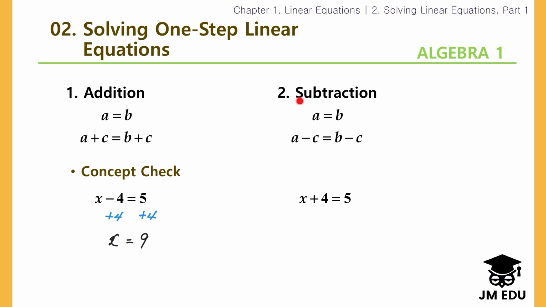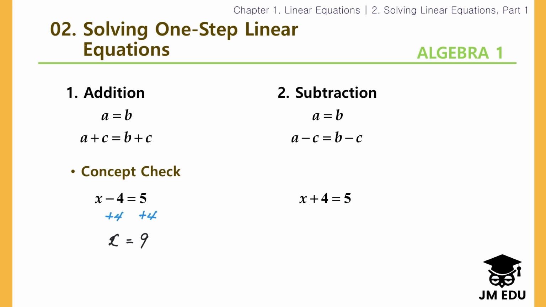Number 2, subtraction. Let's say we have the equation a is equal to b. We can always subtract the same number c from each side of an equation. This is called the subtraction property of equality. Okay, example, we have x plus 4 is equal to 5.